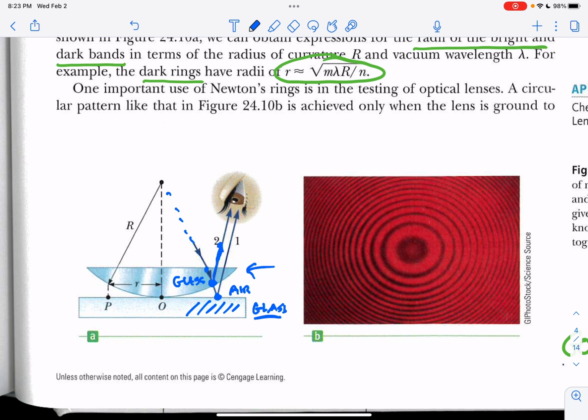So once again, not only does this beam right here undergo a phase reversal, but it also has to travel a greater distance from there to there, a greater distance than the other beam of light had to travel. And so you're going to get an interference pattern.